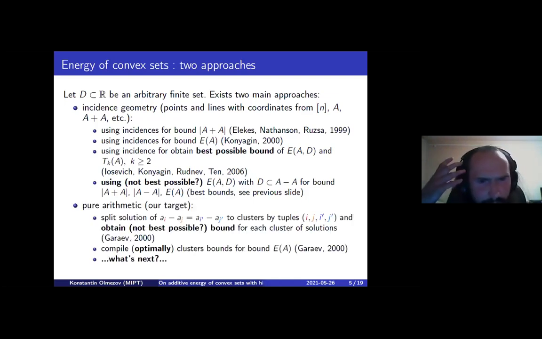But today we speak about the arithmetic approach that was provided by Garayev 20 years ago, and this approach has had no next steps, no new results on this course, and I prove some partial result.